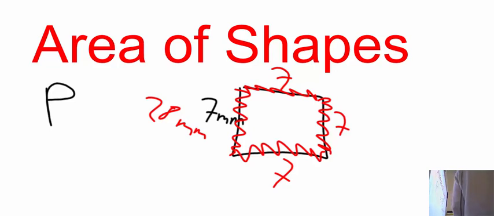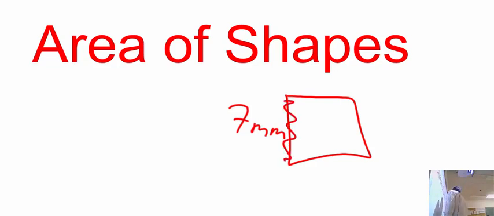Many of you are good at this. I know next time you will have your exam asking about the perimeters, and many of you will do well. Now let's talk about the area of shapes, and let's still talk about the same square, 7 millimeters. Area doesn't mean this.